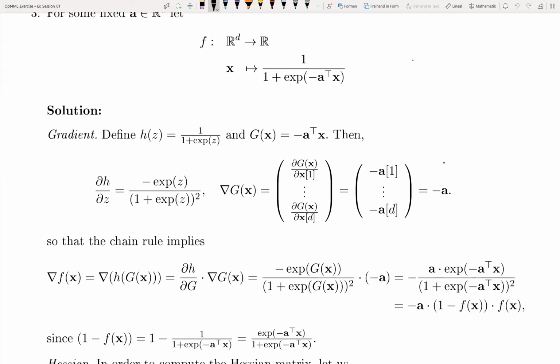Now, just to make sure that this is really true. What we have for h is again a quotient structure, where the function in the numerator is always mapping to 1, and the function in the denominator is 1 plus e to the z. Then you start with the derivative of the numerator function, which is 0, and multiply it with the denominator function.